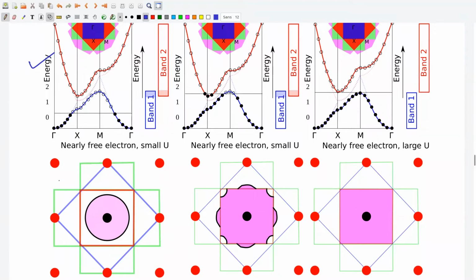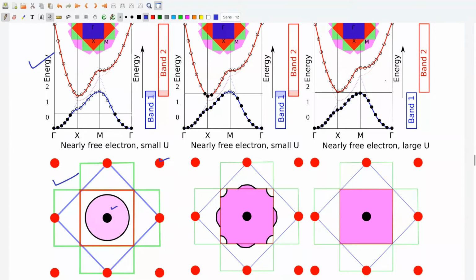This is how it looks if we draw the corresponding constant energy Fermi surface in reciprocal space. The Fermi surface is circular. The magenta shaded region is the filled portion of the reciprocal space. The black point in the center is the gamma point, and the red points are adjacent reciprocal lattice points.